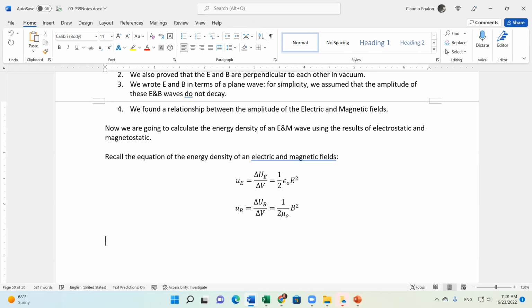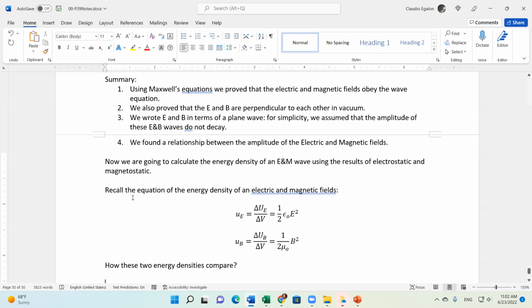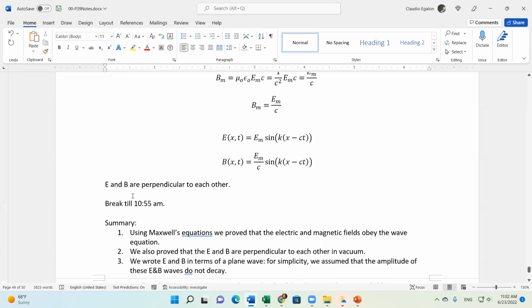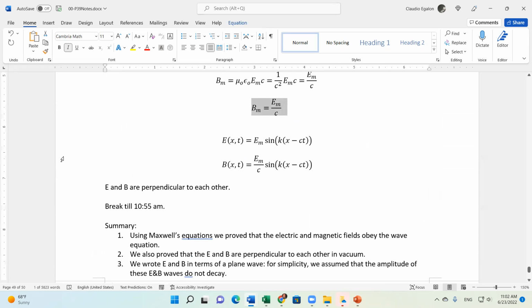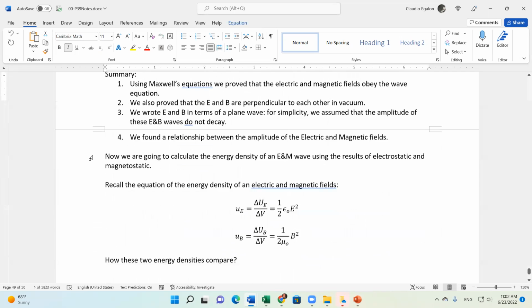So the first question we asked: how do these two energy densities compare? Well, we can find that out just by applying this relation that we got here.